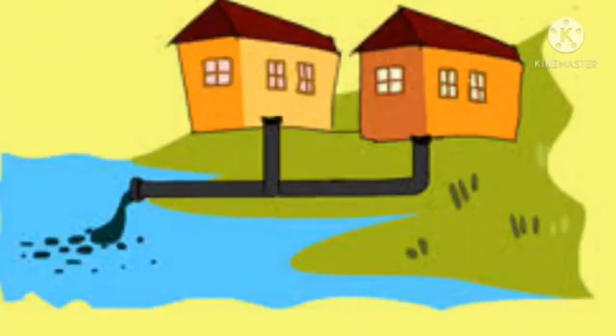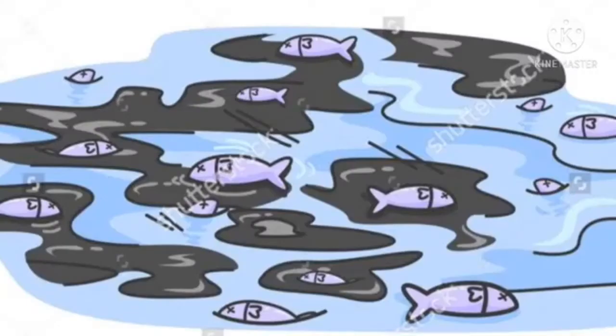Domestic activities like bathing, washing utensils, washing clothes, washing animals pollute water bodies. Dumping domestic garbage in or close to water bodies.